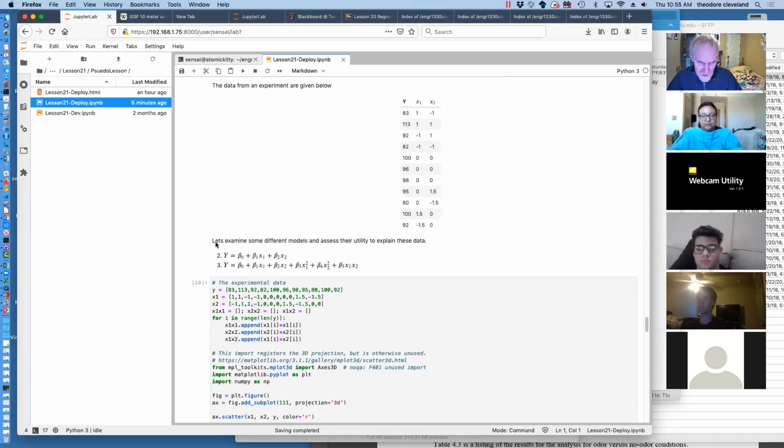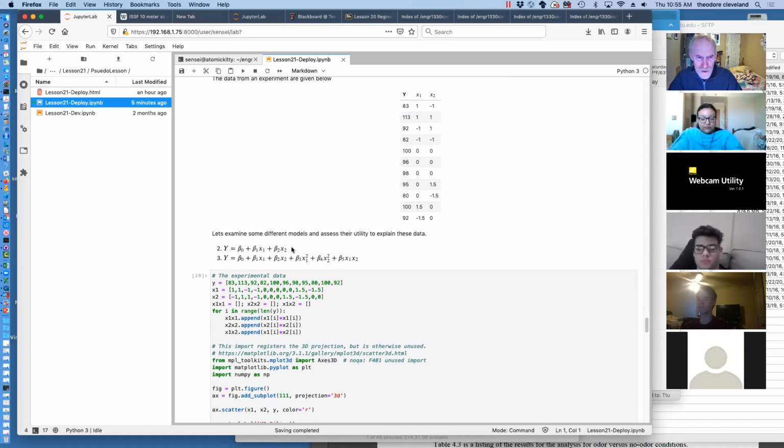And let's further stipulate that we have two models that we can consider. We have model number 2, which is y equals beta 0 plus beta 1 x1 plus beta 2 x2. It says the abrasion resistance is equal to some constant plus a coefficient multiplied by how much silica fiber is added, plus another coefficient multiplied by how much hardener is added.